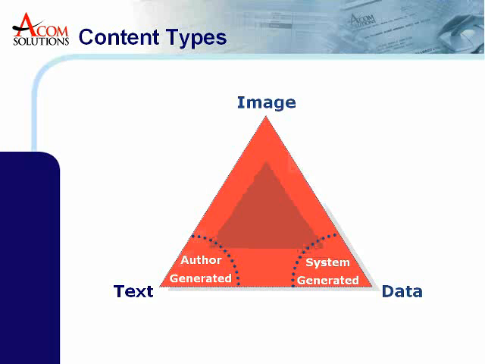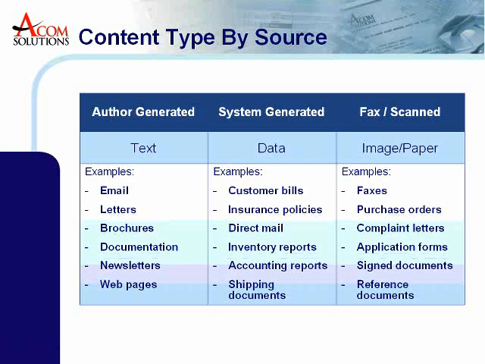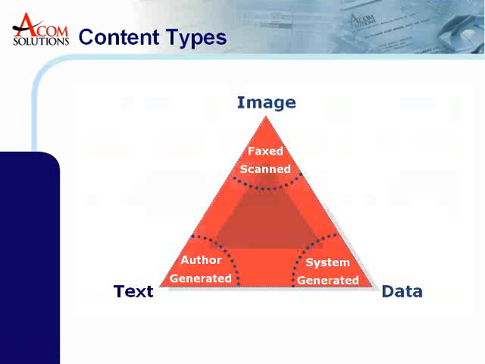And when I say system-generated, I mean there's a computer program, which could be an accounting system, an ERP system, a CRM system, or a billing system, that has created that document and caused that data to be placed on the page. And lastly, we have documents that are primarily image, and they are either scanned or faxed.